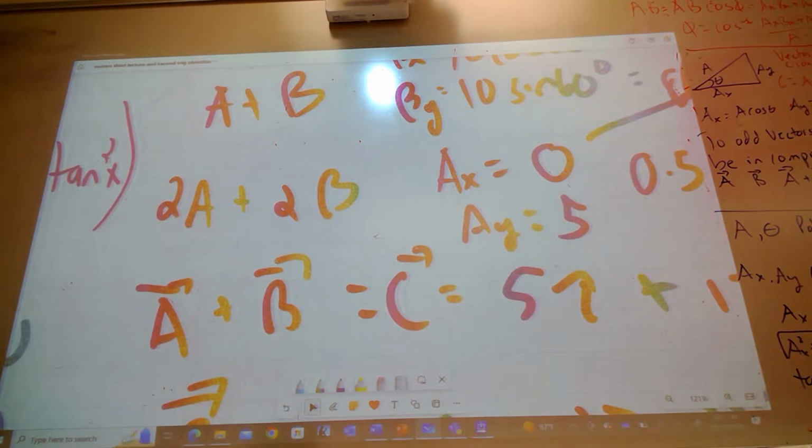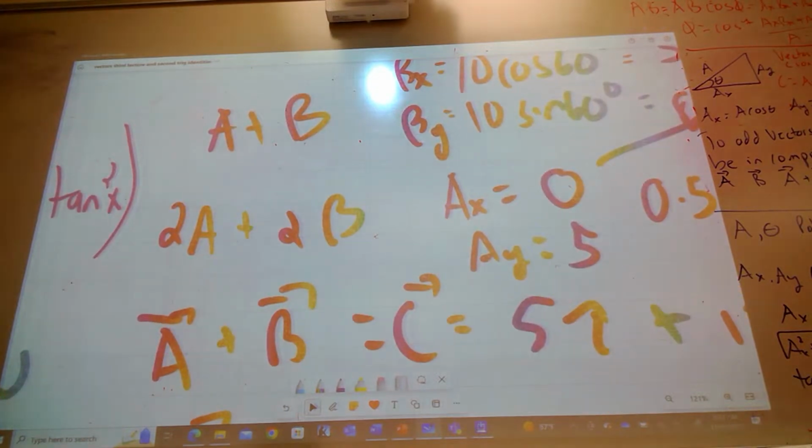Okay, then you're doing 2a plus 2b. Okay, so you're just doubling your a. 2 times 0 is 0. 2 times 5 is 10. You're just doubling everything.